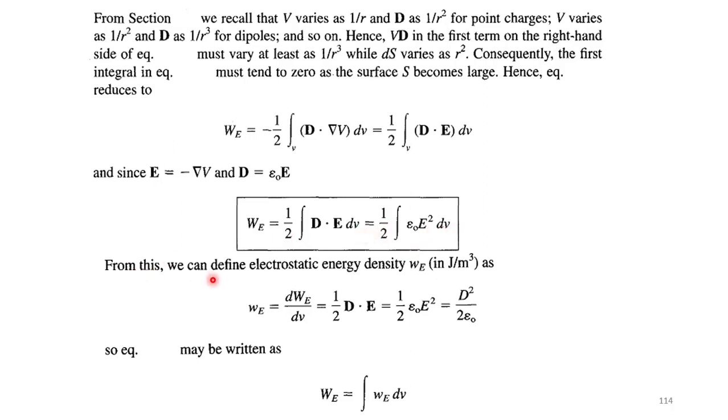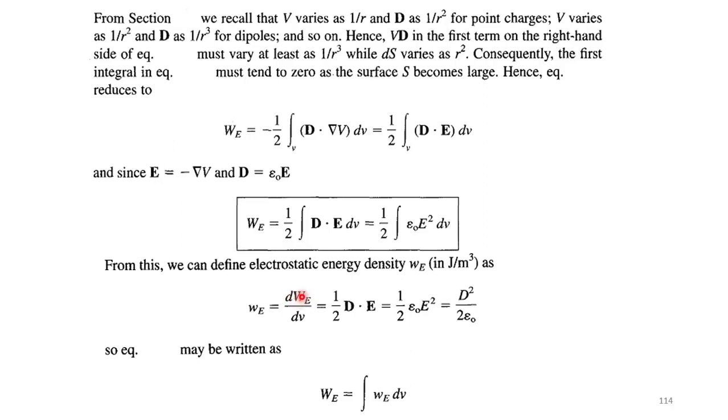From this we can define the electrostatic energy density, which is denoted by small w suffix e. Small w_e means electrostatic energy density, which can be written as d by dv of total energy. So energy per unit volume means energy density.